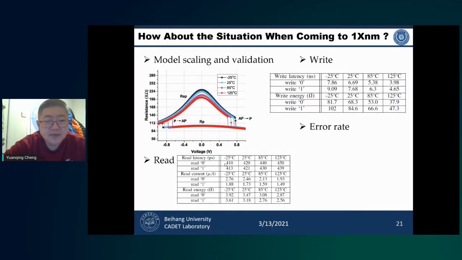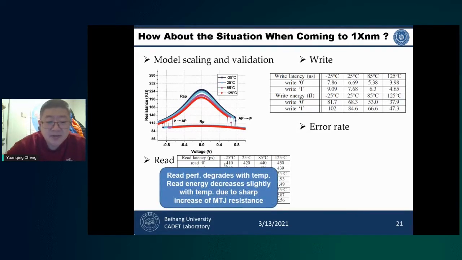And we can observe that in the 1x nanometer technology node, the MTJ resistance increases sharply, and so the read current becomes much smaller than in the case of, for example, 45 nanometer or 32 nanometer.